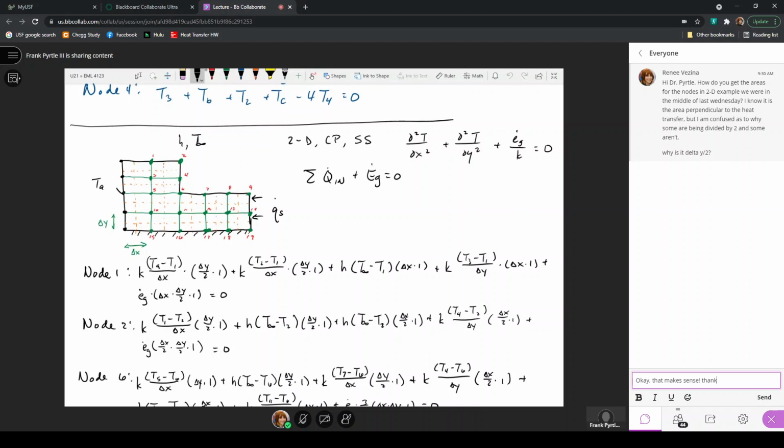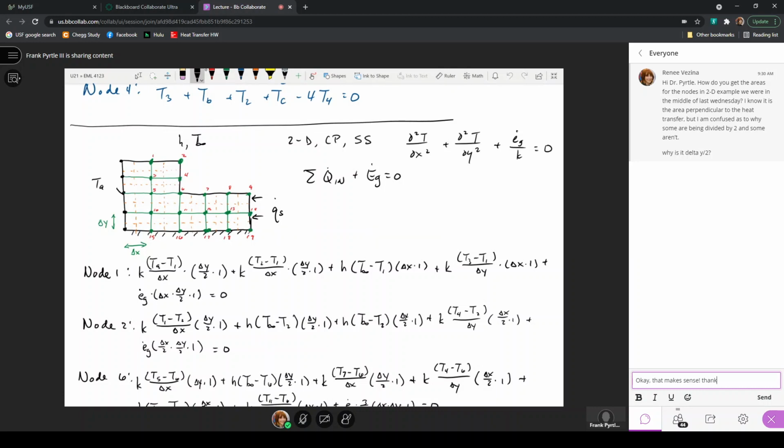Node number 2 is representing an area that is only 1/4 of a delta x by delta y because this length is a delta x over 2 and this length is a delta y over 2, to represent the area for which node number 2 is the average temperature.